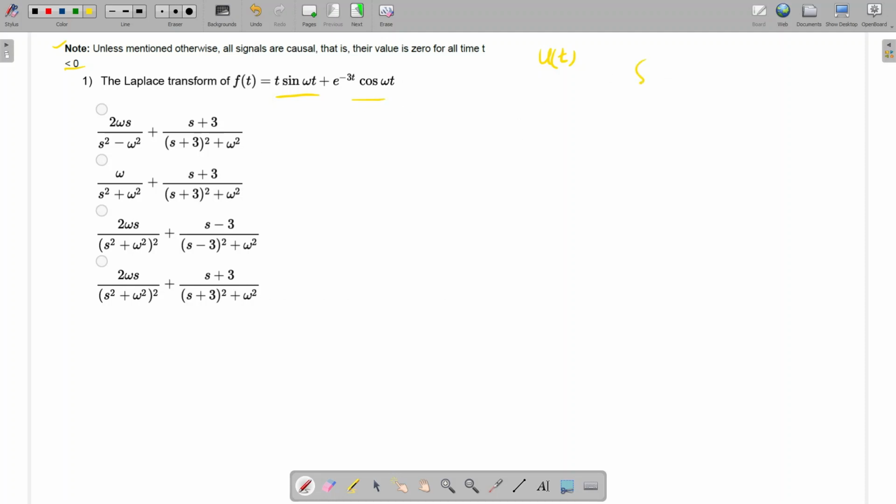So the Laplace transform of sine at is a divided by s square plus a square, and cos of at will be s divided by s square plus a square. This time I am taking first e to the power minus 3t into cos omega t.